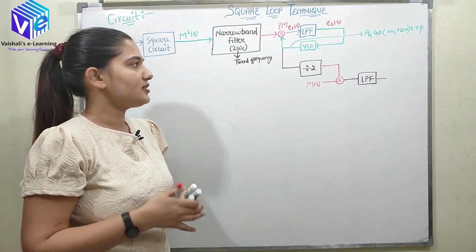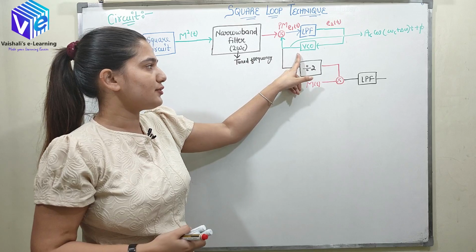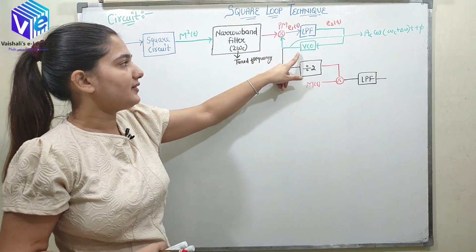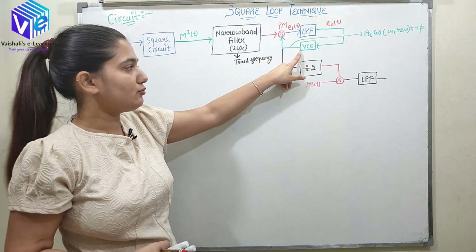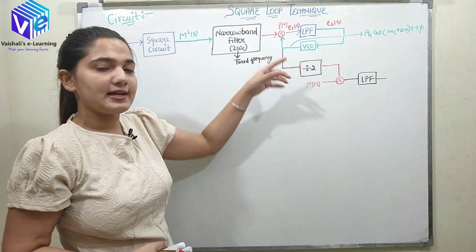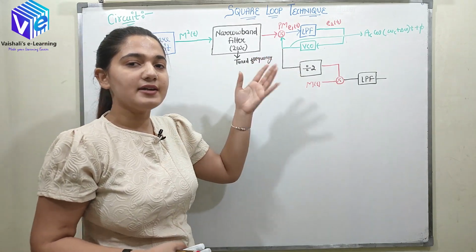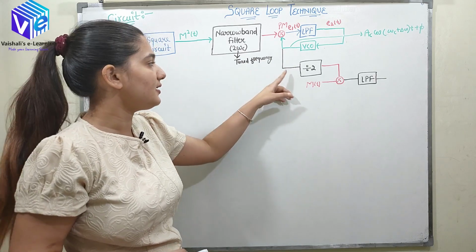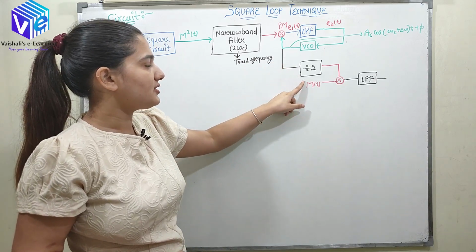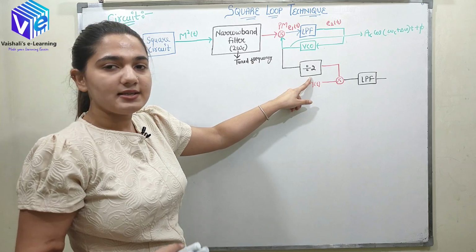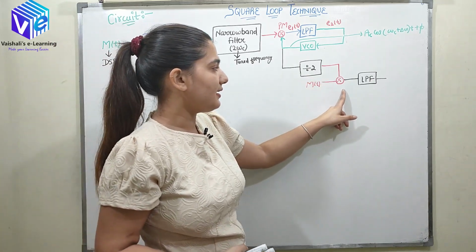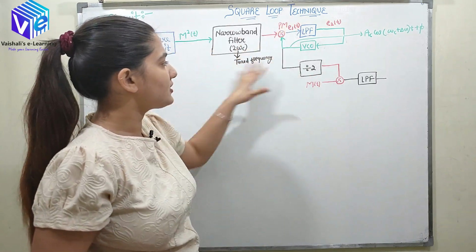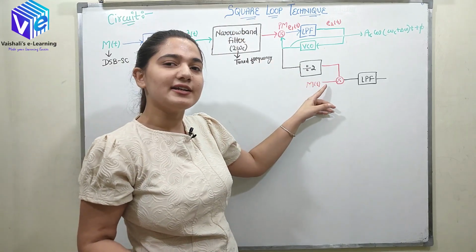These error signals are used to tune the voltage controlled oscillator, and when it is tuned, it gives exactly the same frequency and zero phase with respect to the carrier used in the transmitter. Then the output is taken, the frequency is divided by 2, and from this full circuit I have generated the carrier.